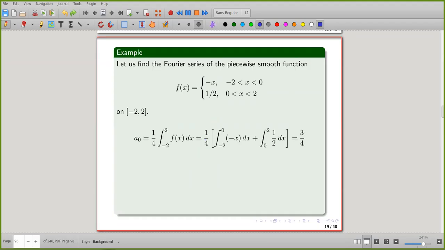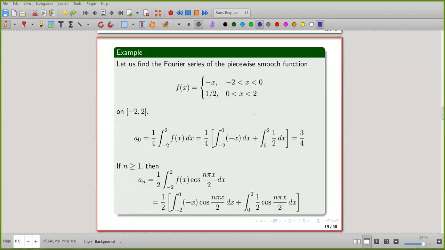So we compute a0 first. a0 was, you have to remember the formula, 1 upon 2L of the integral of f of x dx, and here L is equal to 2. And you can easily check what this is. And if n is greater than or equal to 1, then we can also compute a_n.